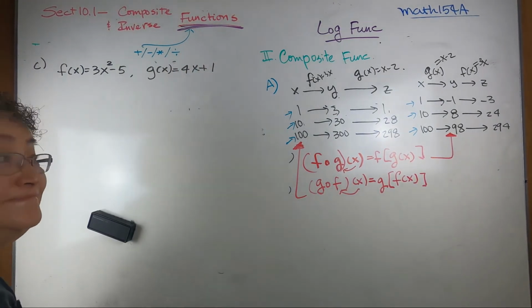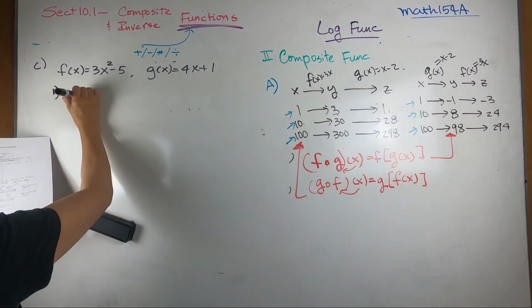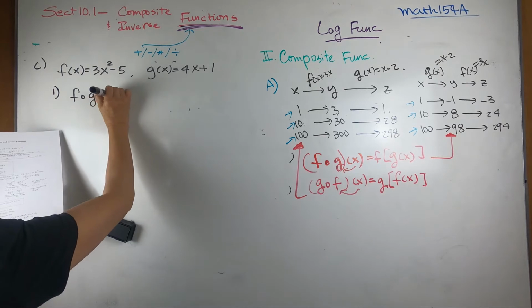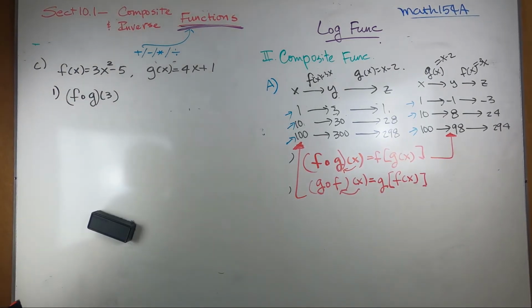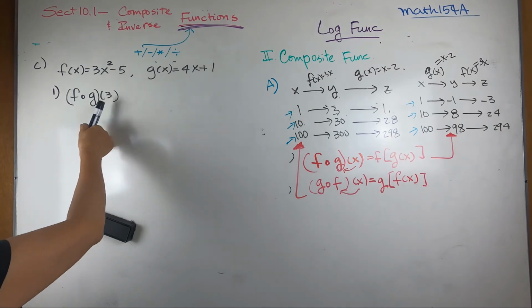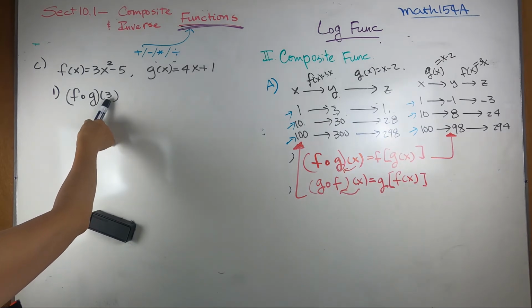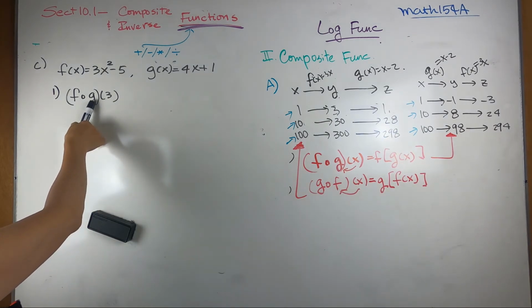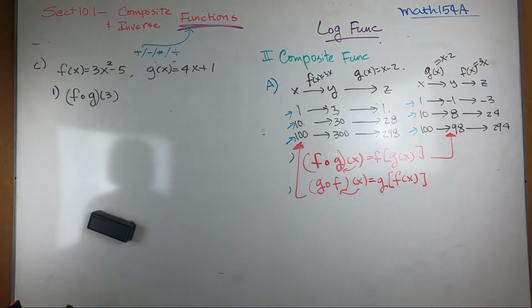So let's do f Cheerio g of 3. For this operation, what do we need to do? What kind of result? That means for 3, go through g, then go through f. What do you get?